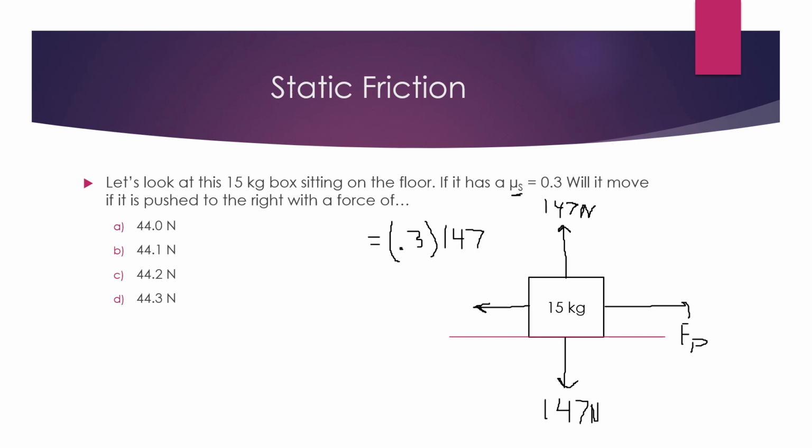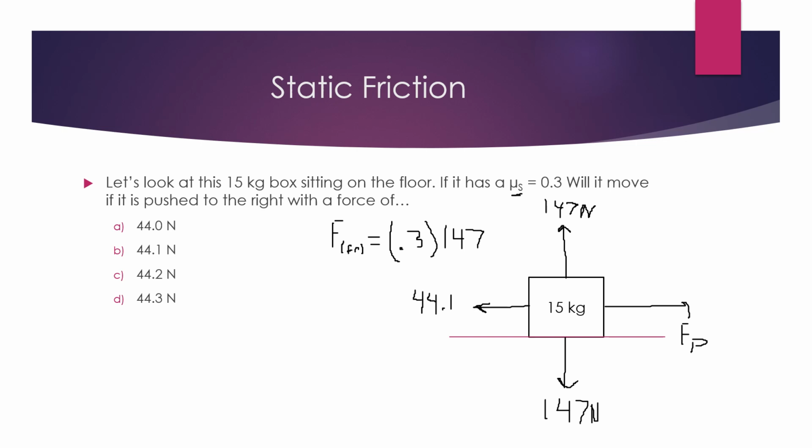So what is the force of friction? The force of friction is the following: 0.3 times 147. And if I did this correctly, the force of friction is 44.1. Okay, so there's the friction.